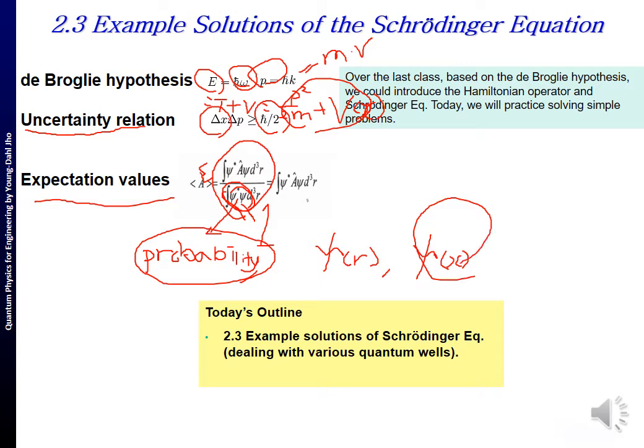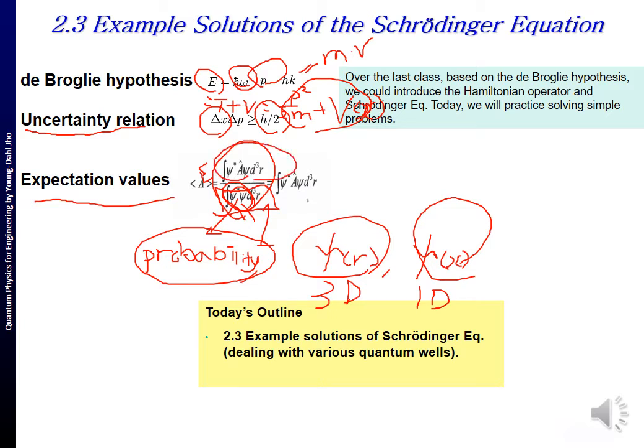So in this class we will rather focus on the one-dimensional case. Sometimes when the wave function structure is too complicated, it is very hard to set it to be normalized. Then we need to go through this additional process in the denominator.